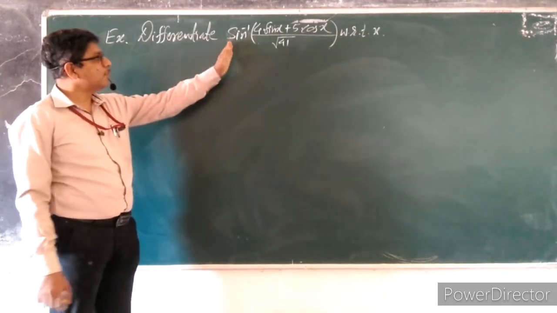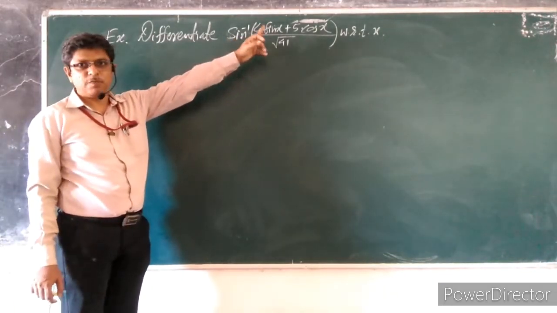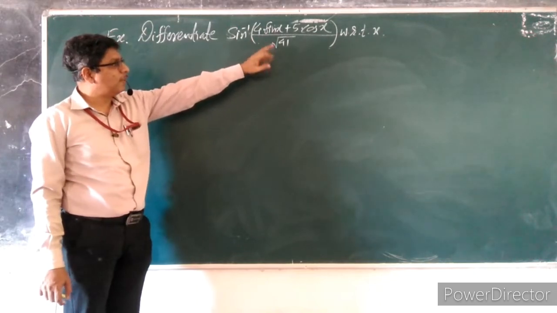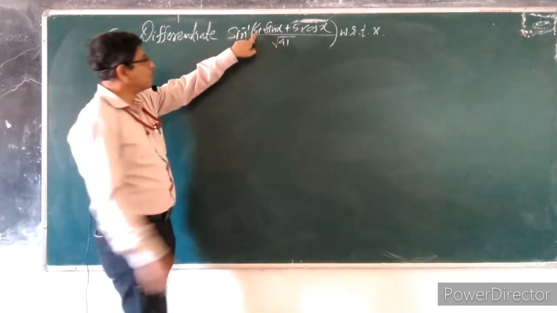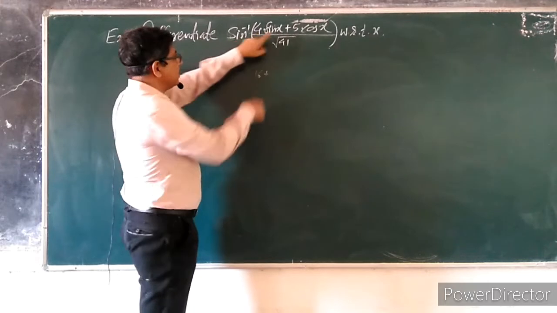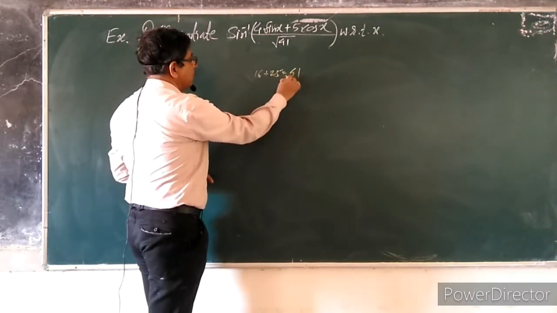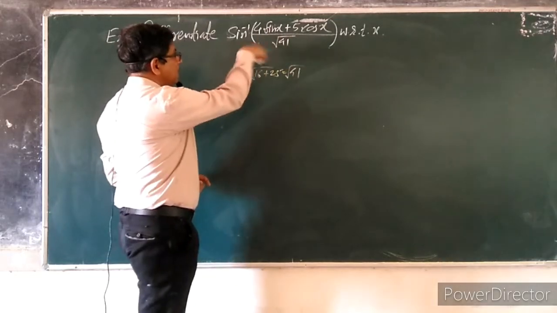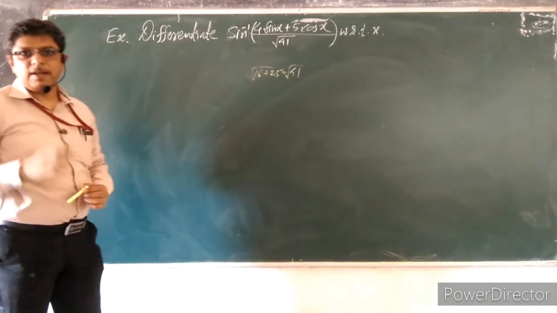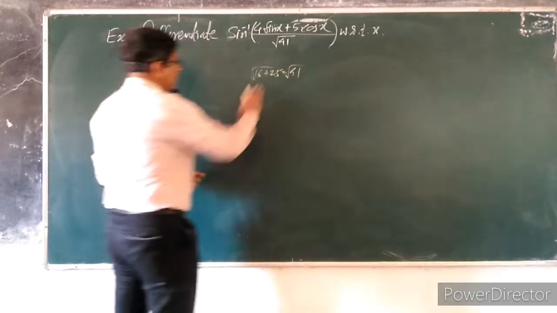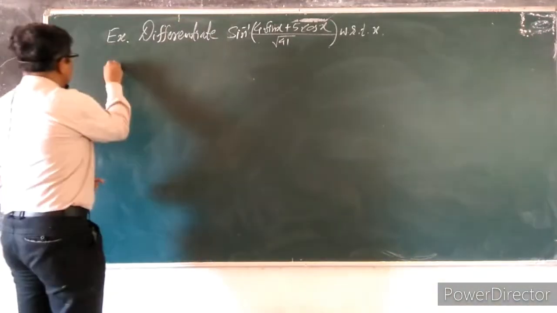Differentiate sine inverse of 4 sine x plus 5 cos x upon a root of 41 with respect to x. Just check: 4 square is 16 plus 5 square is 25 is equal to 41 and its square root. So these three numbers are a Pythagorean triplet. Okay, so we'll go for the solution.